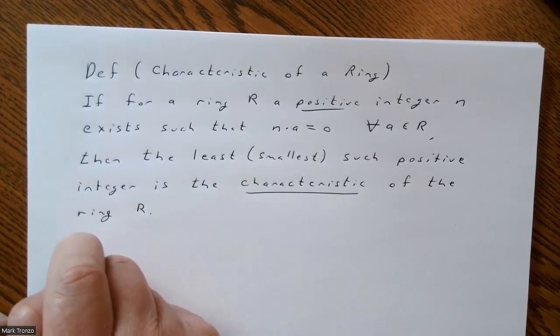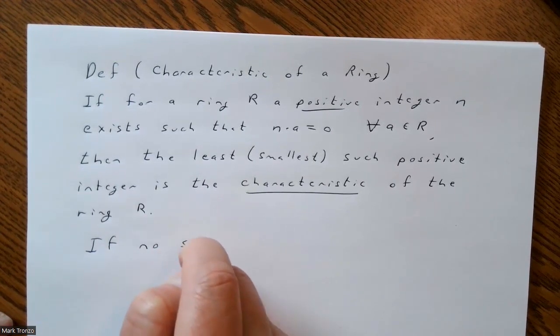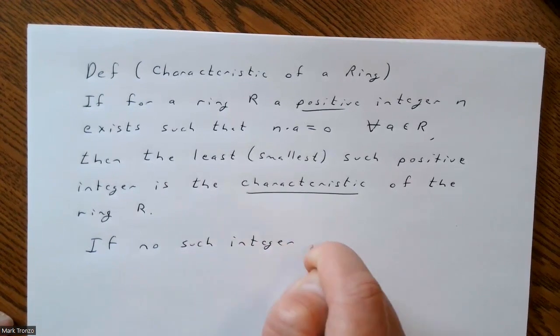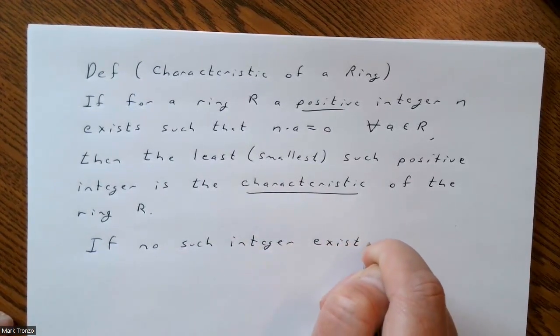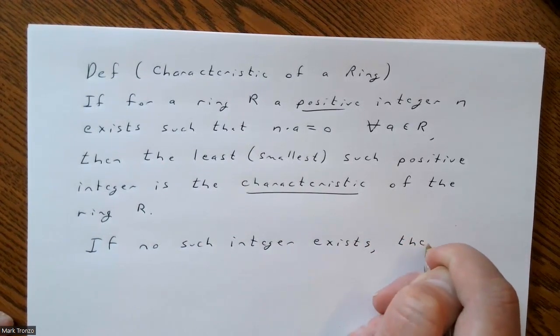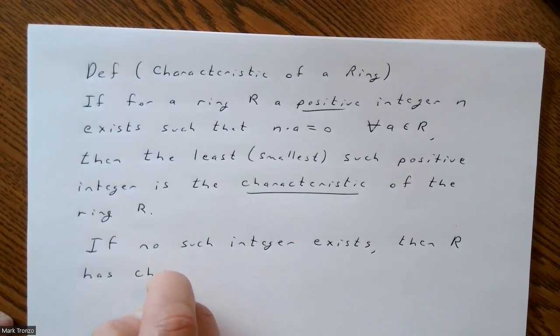And if no such integer exists, then R has what they say has characteristic 0.